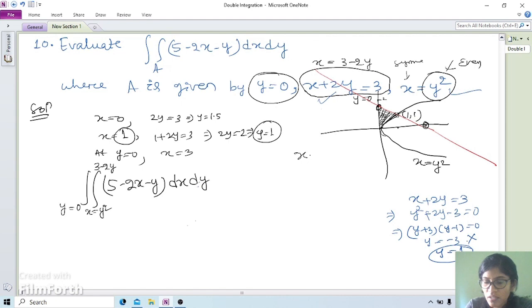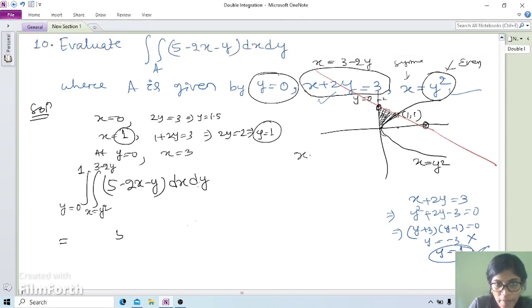But minus 3 is not in the first quadrant, it is in the third or fourth quadrant. That means the y value is 1. That means y varies from 0 to 1.